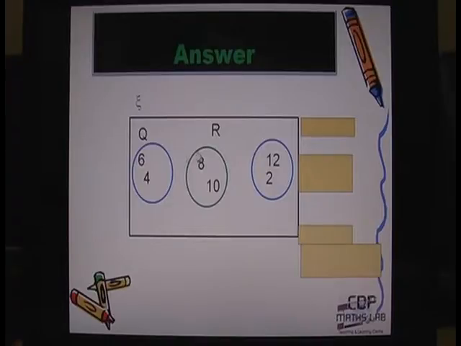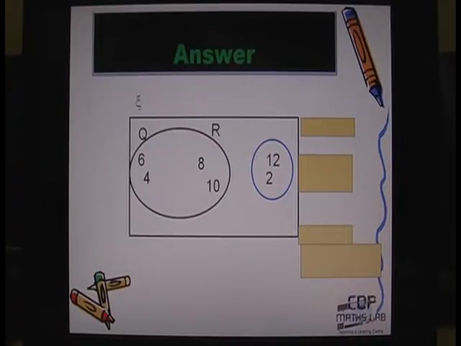So here we have 2 sets. And what were you told? Alright, guess what? You were told the union of Q and R complement. So this is the union of Q and R. Good, but you weren't told the union of Q and R; you were told the union of Q and R complement is equal to 2 and 12.